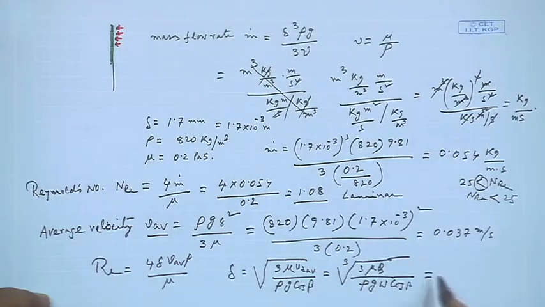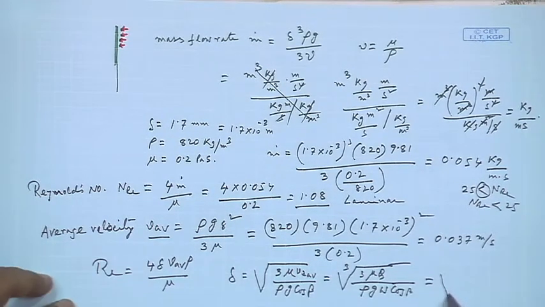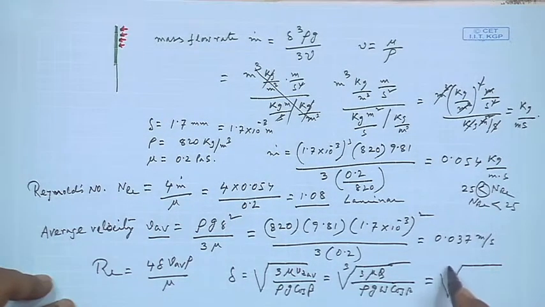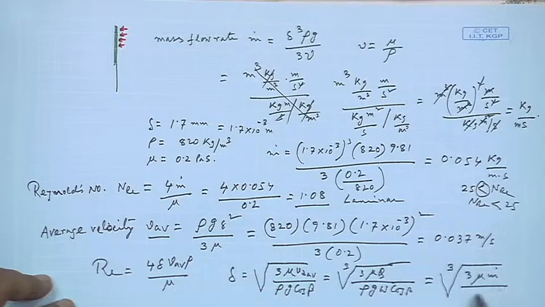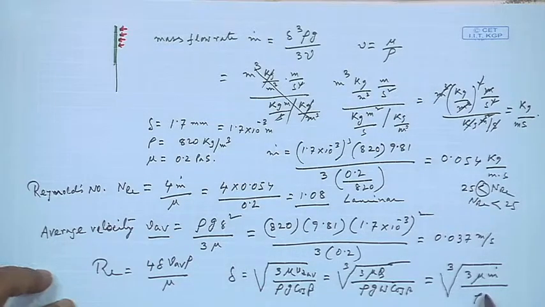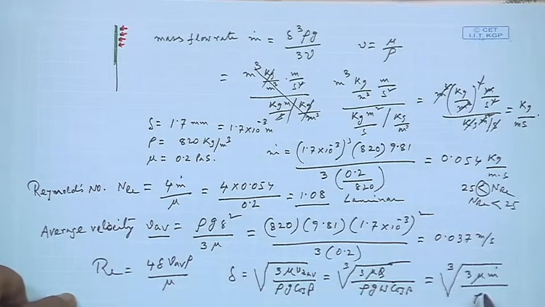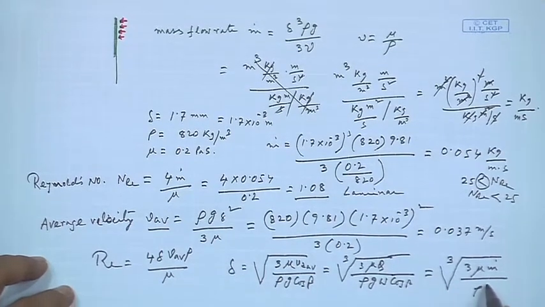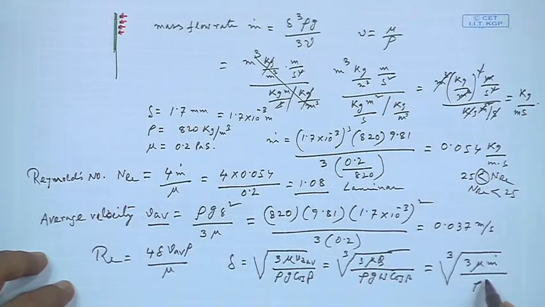This was also given as cube root of 3 mu m dot by rho square g cos beta.